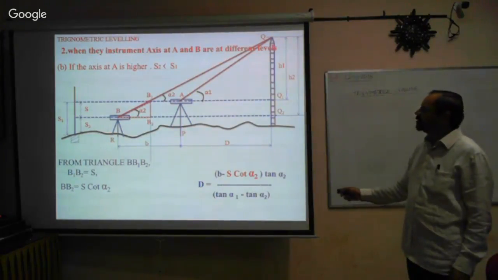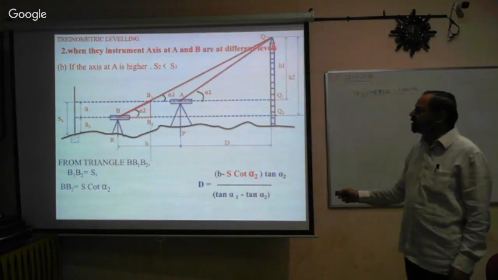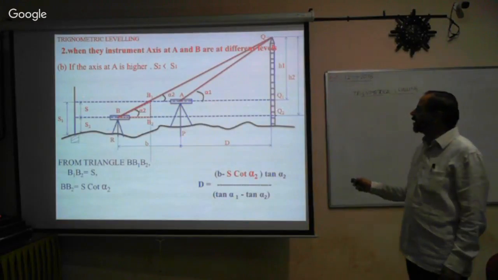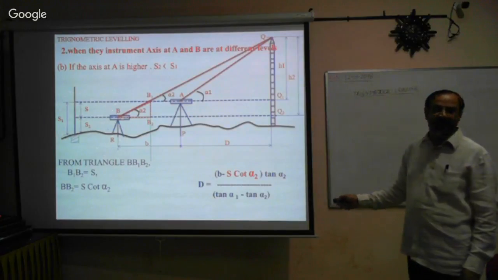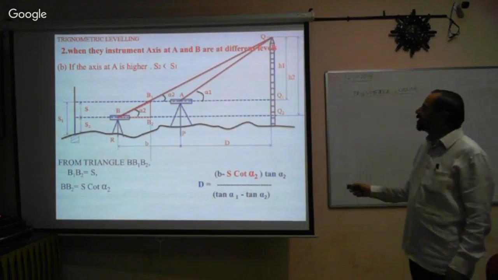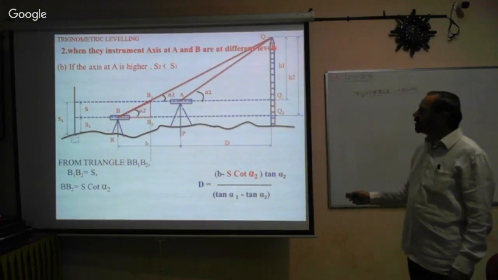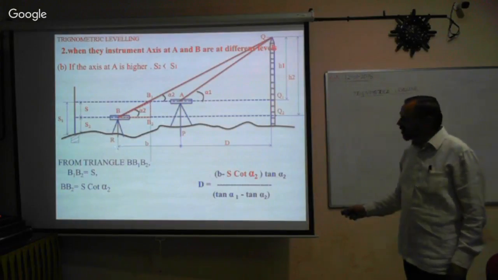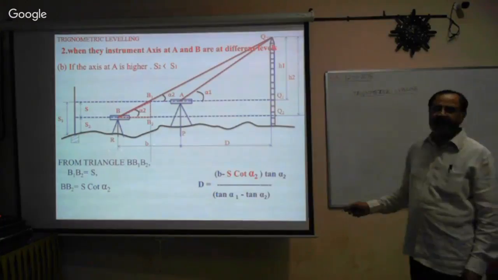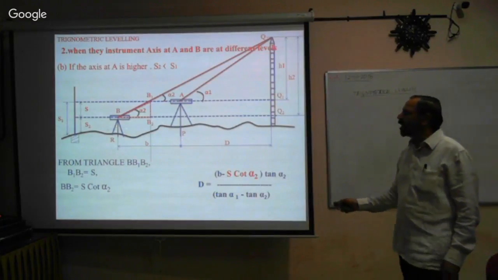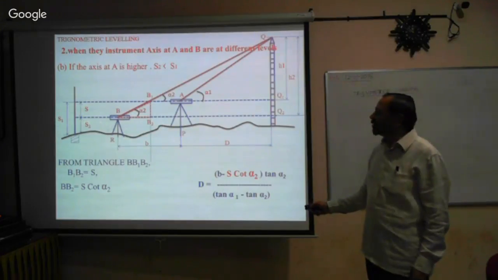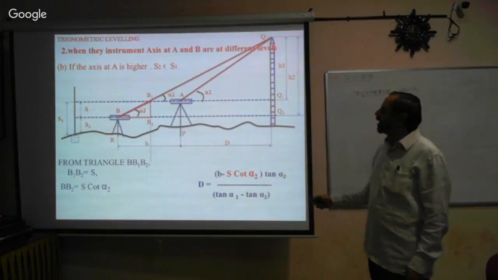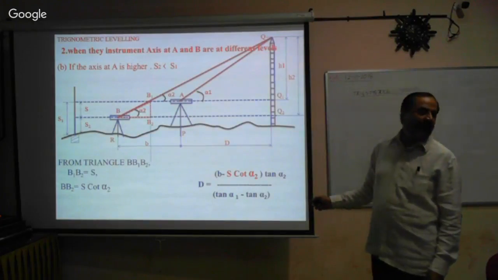Now repeat the entire process. Install the instrument, perform all temporary adjustments, then make the line of sight horizontal, measure the S1, that is take the back side, then measure the vertical angle alpha 1. Similarly shift the instrument to the known distance, that is the chain length, install the instrument, perform all the temporary adjustments, measure the staff reading on the benchmark, then again measure the vertical angle alpha 2.